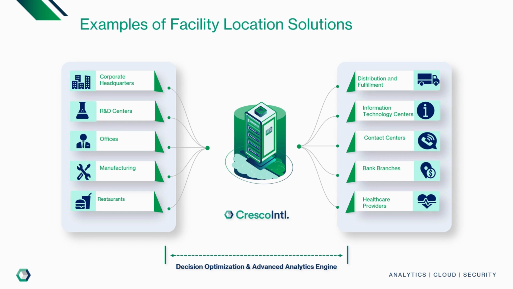For retail locations like restaurants and bank branches, it comes down to optimizing convenient access for the target customer base, given traffic patterns, population densities, household demographics, and more. And for IT centers and tech operations, fiber optic connectivity and stability of IT infrastructure is paramount, in addition to tech talent pipelines and operating costs.